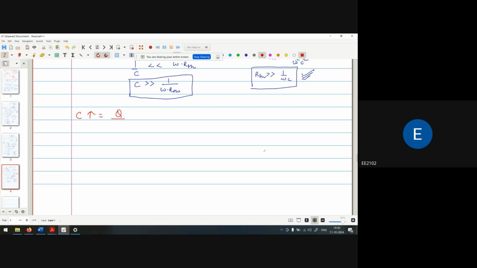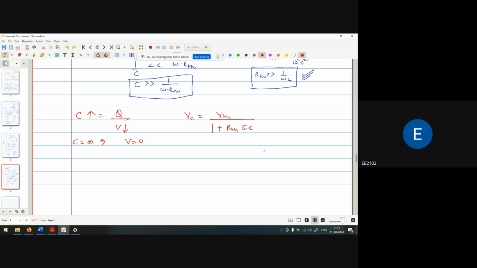C value will be higher only when V value is lower. If I have assumed that the capacitor value is infinite, it is only when the voltage is zero. Now, voltage value VC is equal to VTH upon 1 plus RTH sC.